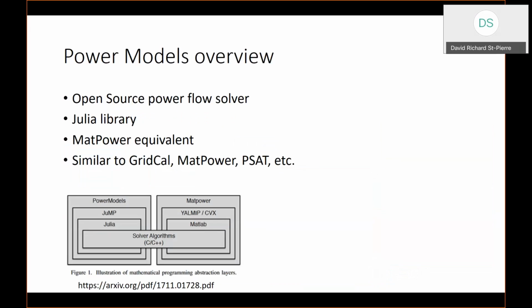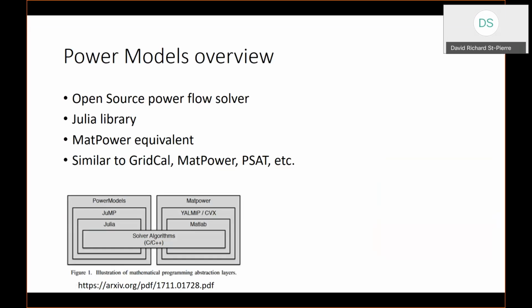To discuss what the PowerModels library is a little bit, it's similar to other PowerFlow libraries such as GridCal, MatPower, or PSAT. As mentioned, it's a Julia library, open source, and it's equivalent to MatPower in the sense that it solves PowerFlow, but instead of using a piece of software such as MATLAB that costs money to buy, it uses the open source alternative Julia.